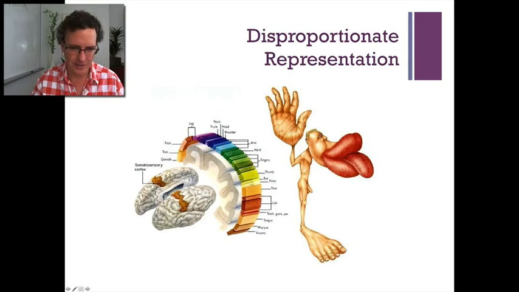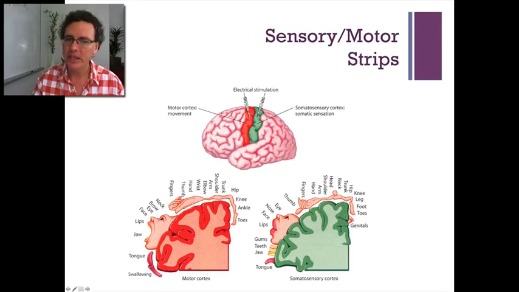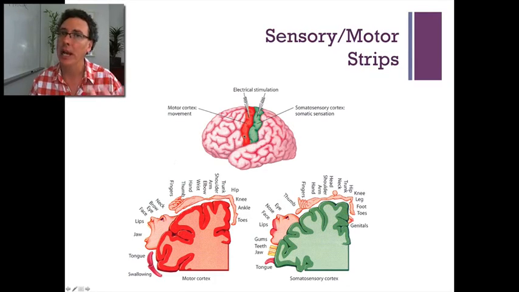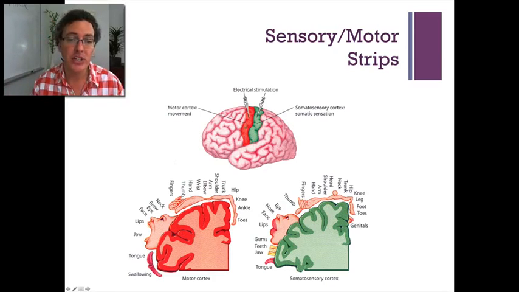And this is just another example of that motor strip. Now, very quickly, we're going to come back to it, but I'm just going to highlight that this strip actually belongs to the frontal lobes. So we'll talk about it in detail next lecture, but it's really going to tell the same kind of story. Again, the left side corresponds to the right side of the body, but in this case, it's not about sensory input, but about motor output. So when I move my hand, that signal originates somewhere.